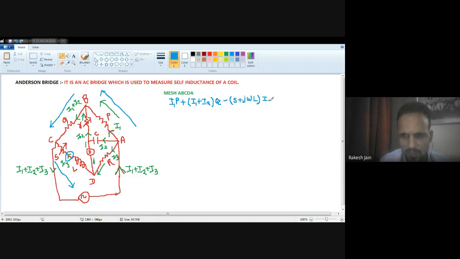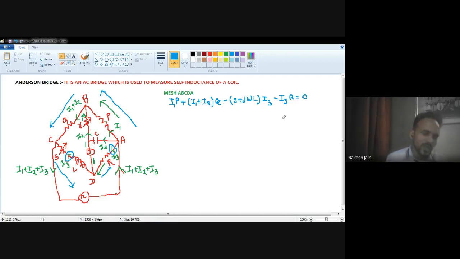Minus, now see once again, I am going from D to A, but the given current direction is opposite to my direction. So I have to write it with a negative sign. So minus I3 R, that is equal to 0.